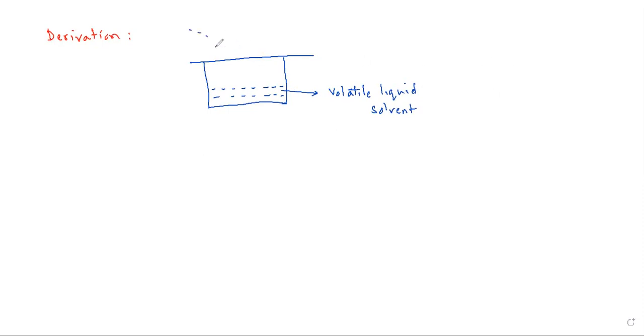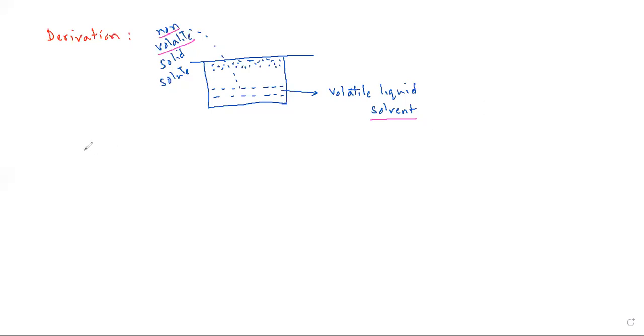To this, a non-volatile solute is added. Now, see, the vapor pressure of this particular solution is only because of the solvent, isn't it? Because the solute is anyway non-volatile, right?